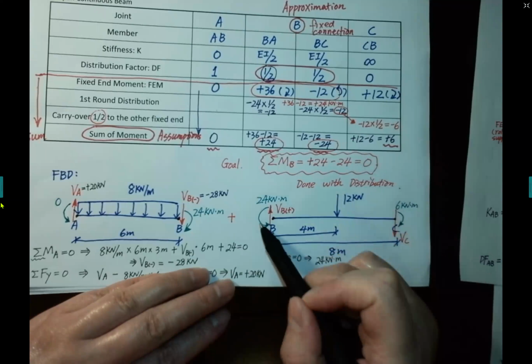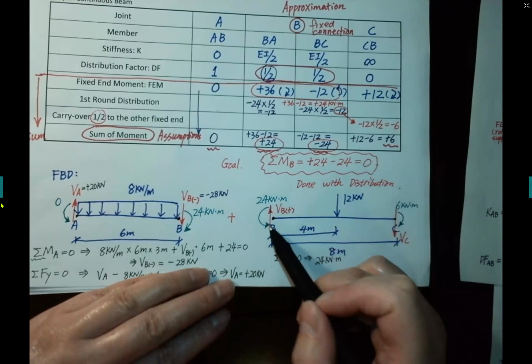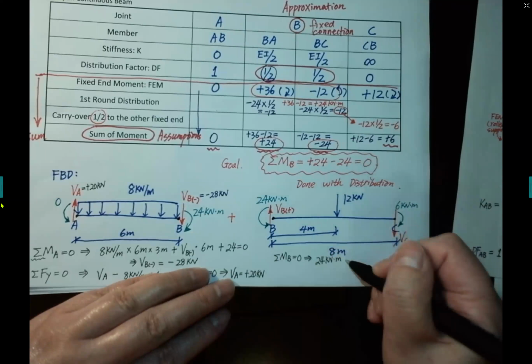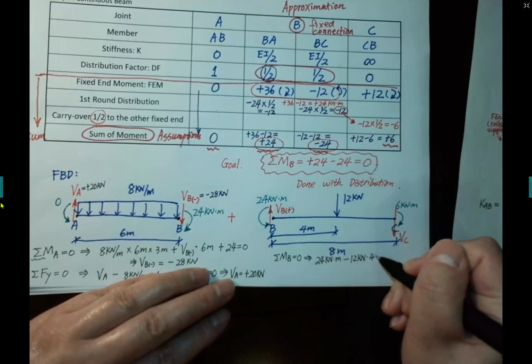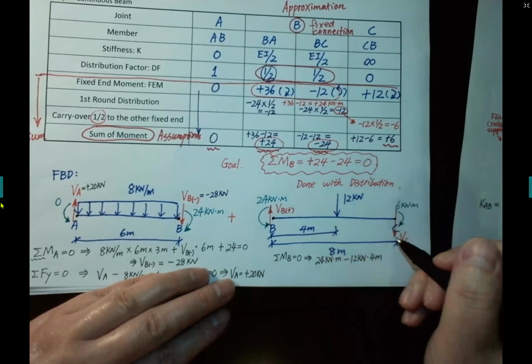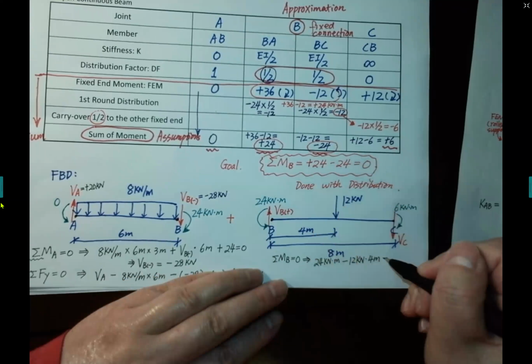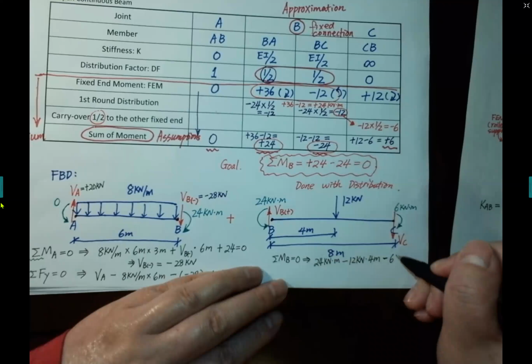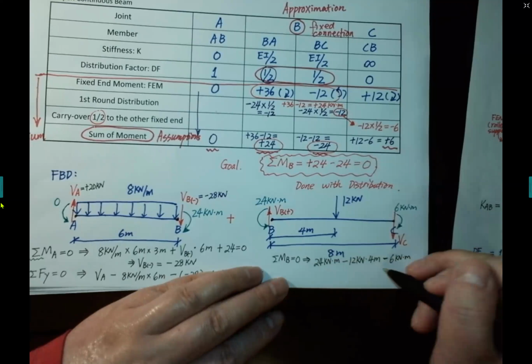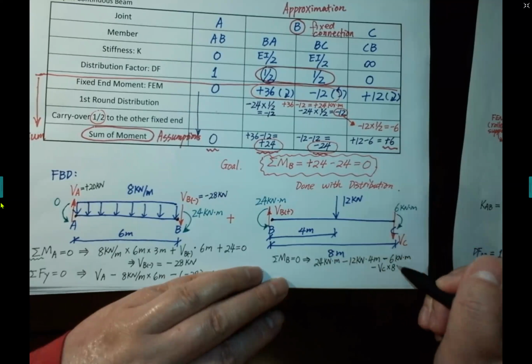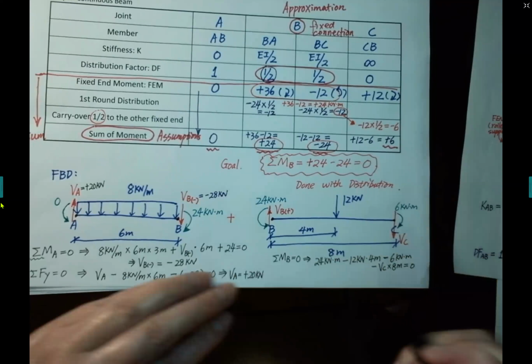If I assume this 24 is positive, then the 12 is negative 12 kilonewton times 4 meters because it's clockwise. Then minus 6 kilonewton meter clockwise, and minus VC times 8 meters equals 0.